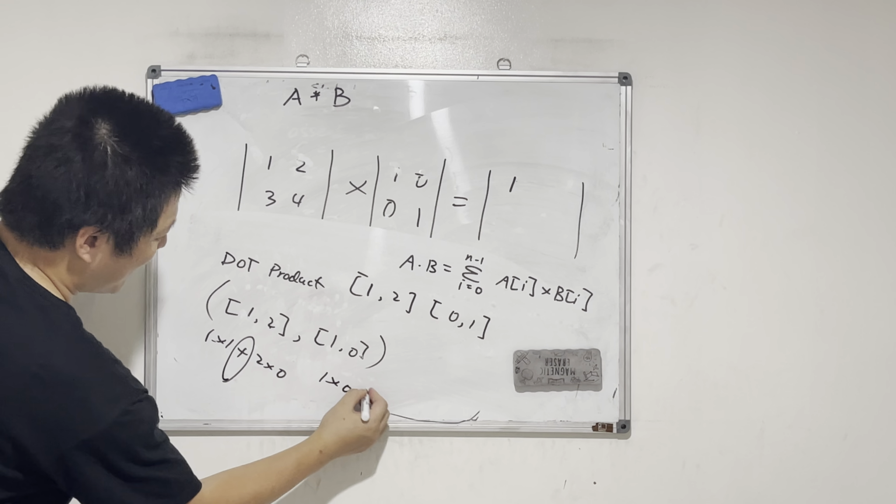The second row: [3, 4] dot [1, 0] is 3. And [3, 4] dot [0, 1]: 3 times 0 is 0, 4 times 1 is 4. You see? That's exactly the same as this.